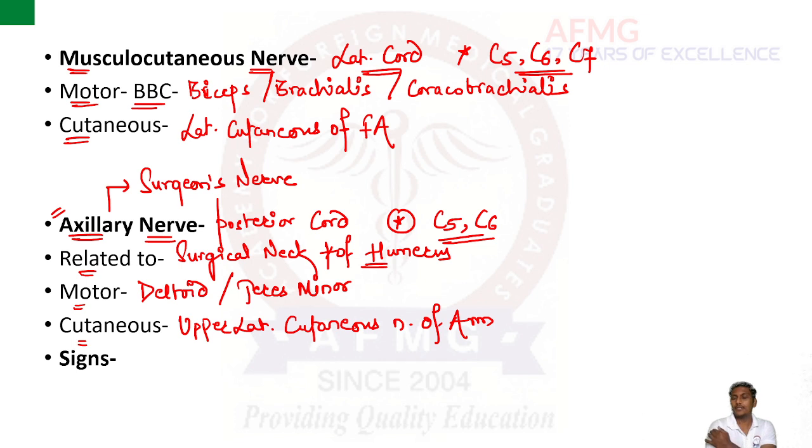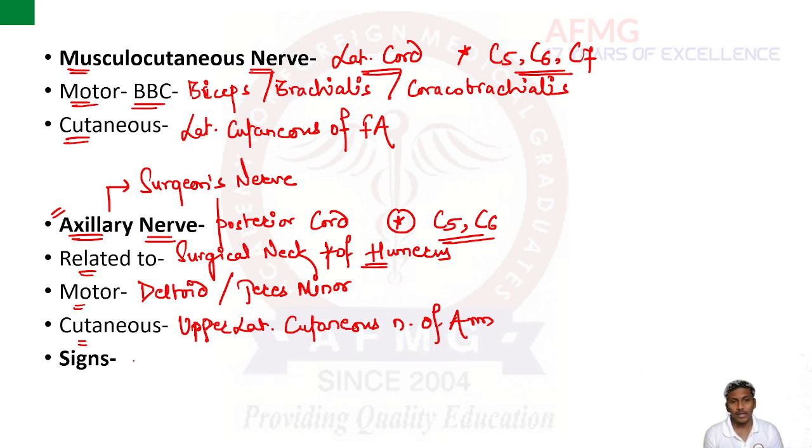That means it carries sensation over the lateral aspect of your arm, right? So the important thing is that if there is any injury to the axillary nerve, the sensation over the upper lateral aspect of the arm would be diminished. There would be sensory loss or anesthesia over the skin of the deltoid, right?